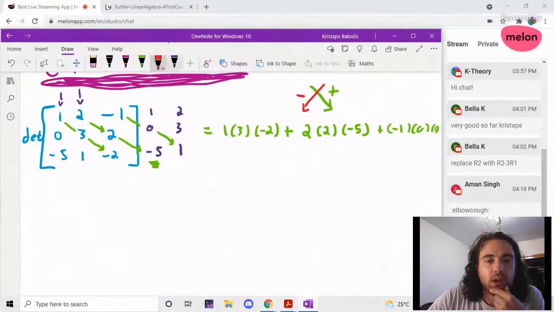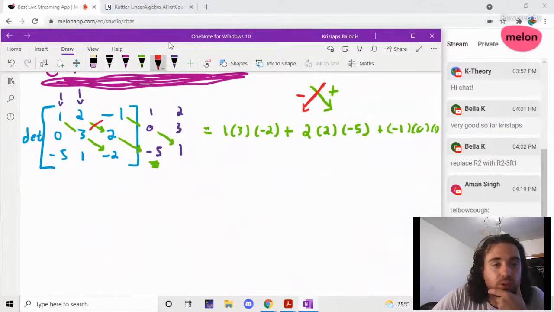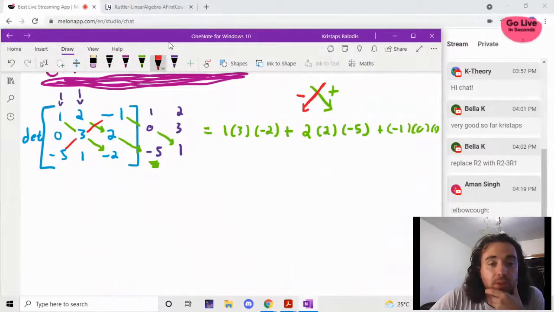Then, like I said before, we multiply down and to the left with negatives. So I'm going to multiply down and to the left here, but I'm going to put a minus sign out in front of each of these terms. I start with minus, and I have to be careful here because there are two minus signs. I have a -1 here, so I need to make sure that negative is still attached to that 1.